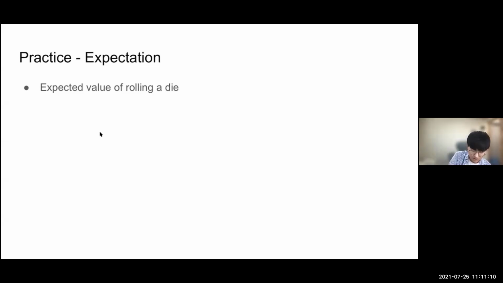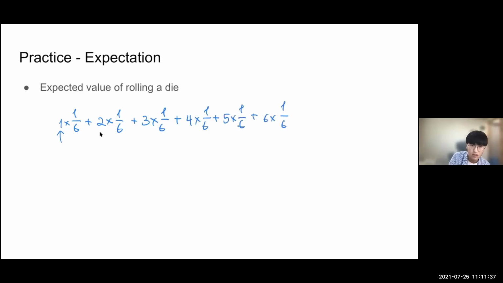So there is 1, which is the value, and this comes up with probability 1/6. Then 2 shows up with probability 1/6, and you sum all of these up, which becomes, yes, thank you, 3.5.